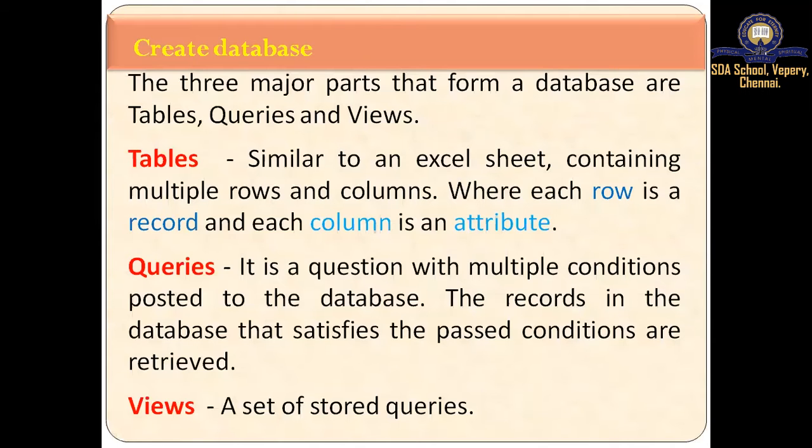Three major parts that form a database. To create a database, we require three important things. Number one, tables. Why? Because data are stored in a database in the form of tables. Number two, queries. Number three, views. Tables.